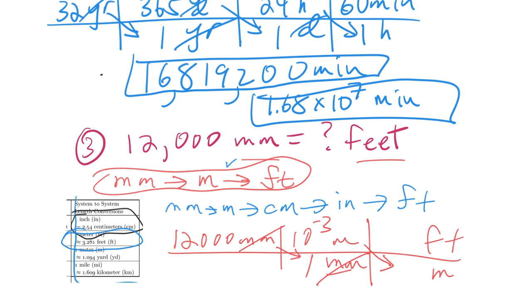And I can go directly to feet using this. So 1 meter is 3.281 feet. So 12,000 times 10 caret negative 3 times 3.281.